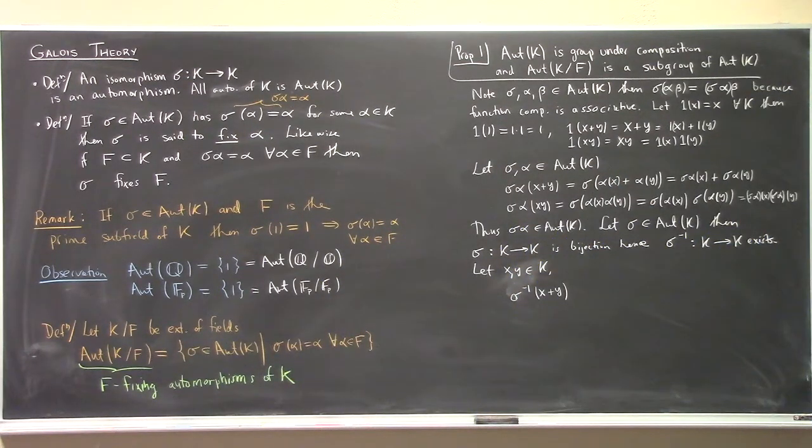So how do you get additivity for that? If it's automatic, it should be easy to explain. So we're saying sigma inverse is a mapping from K to K. And so all you have to say is that it's equal to sigma inverse x plus sigma inverse y. But that's assuming what we're trying to prove.